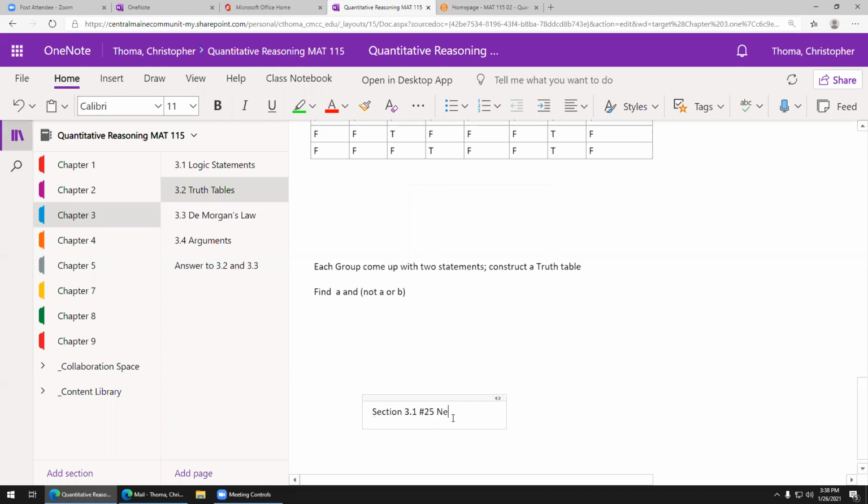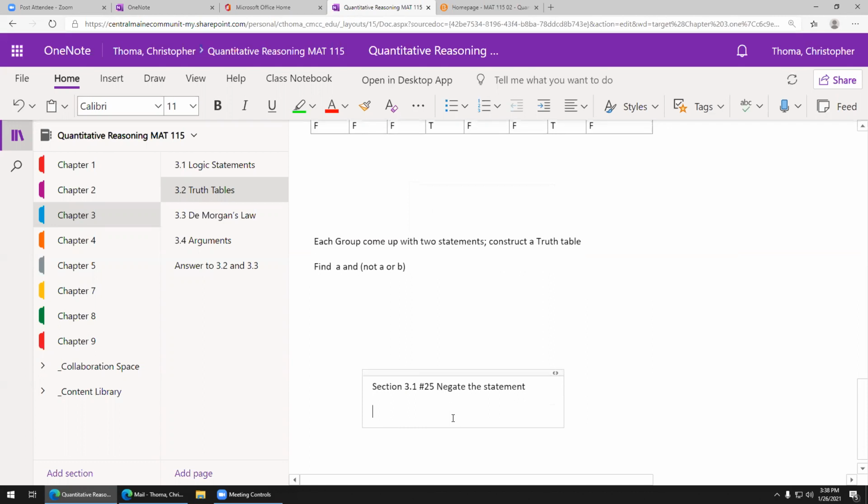It wants us to negate the statement. All right, so the statement is statement A.